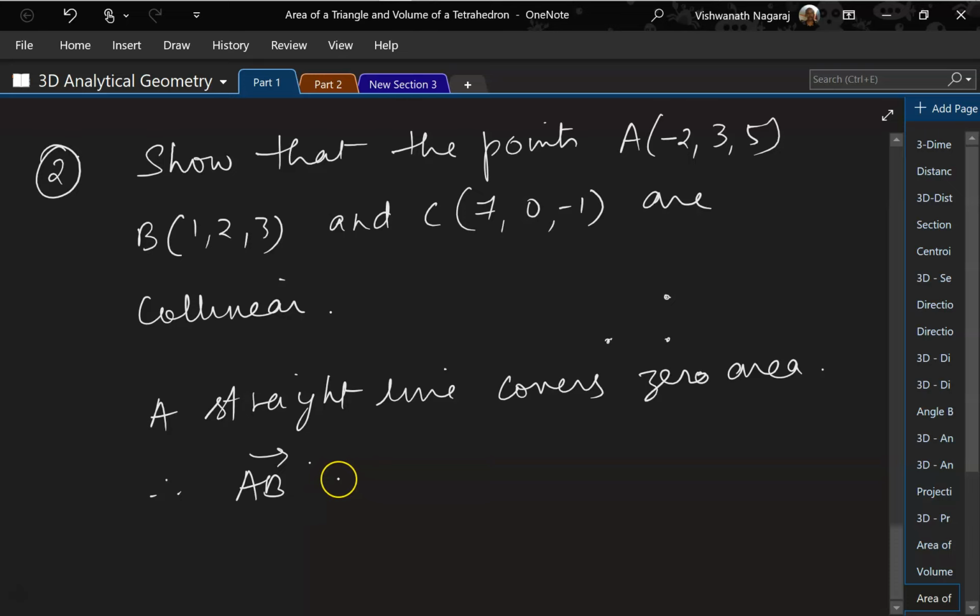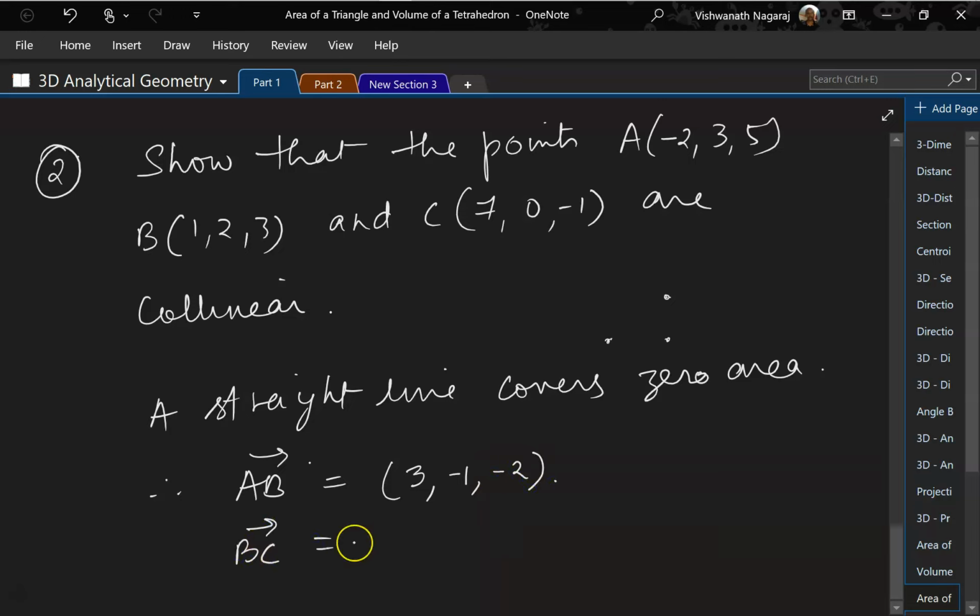So AB is equal to 1 minus minus 2, that is 3, 2 minus 3 is minus 1, 3 minus 5 is minus 2.